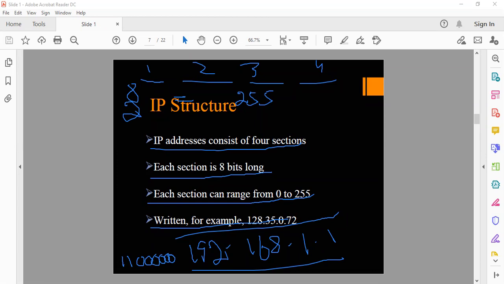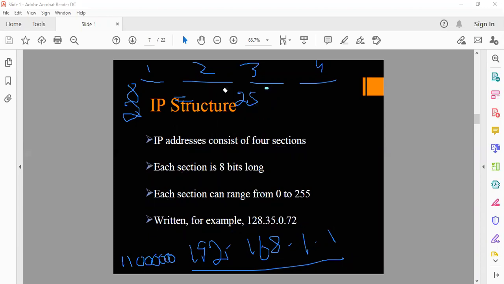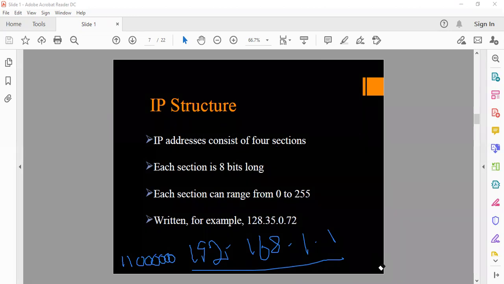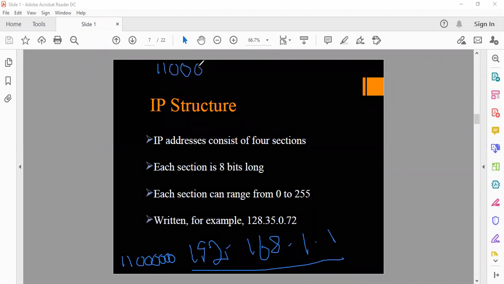We can calculate these values in the form of binary. Suppose it is 1 1 0 0 0 0 0 0, positions 1 2 3 4 5 6 7 and 8.